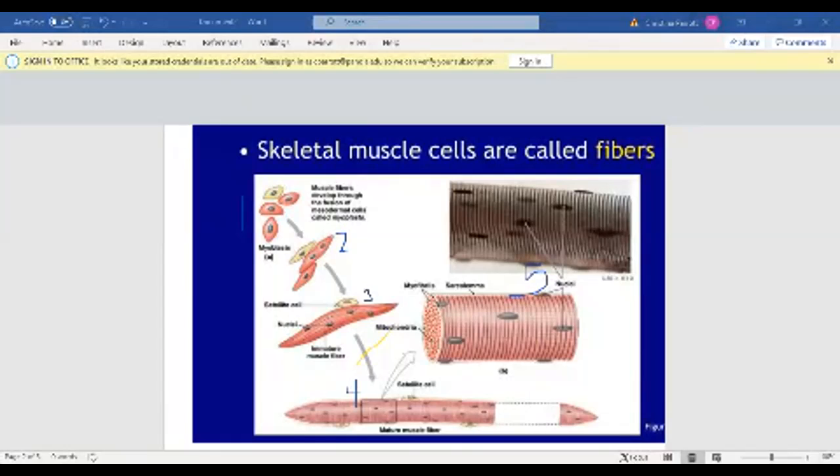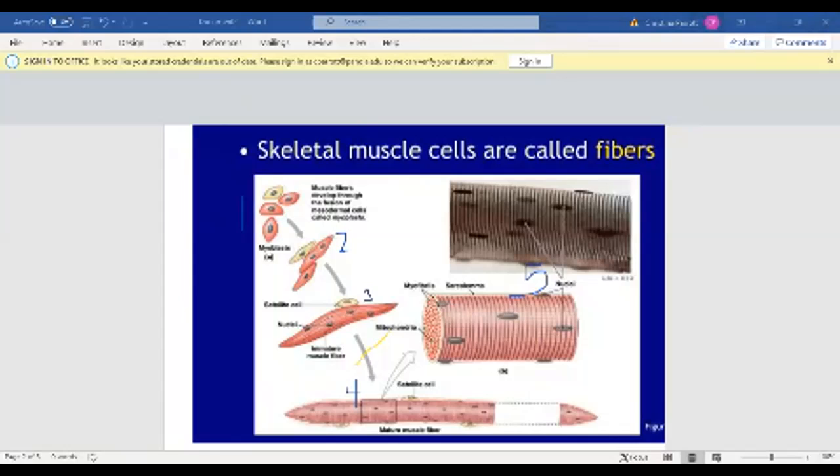This is your myosatellite cell or your nursemaid cell, okay? But going back up to picture 1, you see that you have 3 myoblasts here. And as they develop, one myoblast will merge with another myoblast, and then it will merge with another myoblast, and merge with another one. So it keeps growing in length as it matures.